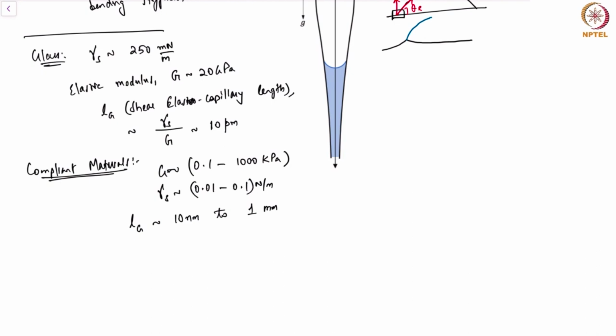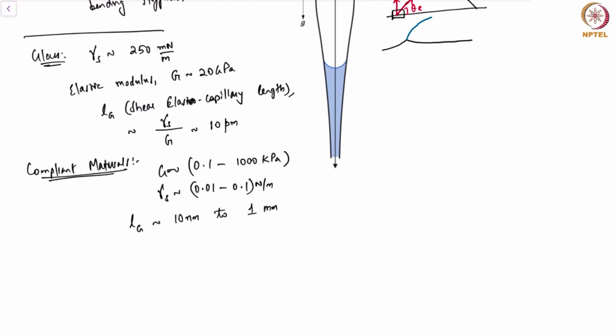It's certainly easy to observe experimentally. So for compliant surfaces, there's an active area of research on elastocapillary effects, where the elasticity of the surface and capillary-induced deformations of the surface become important.